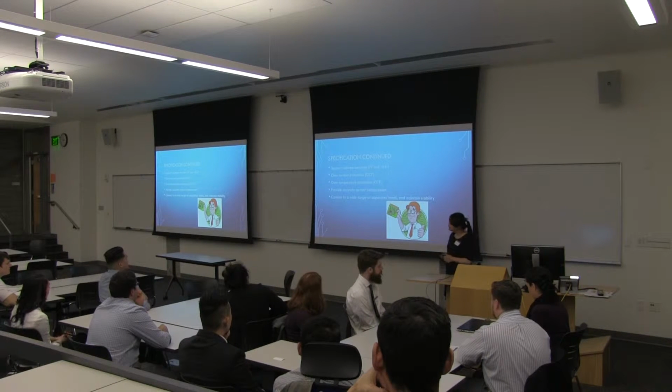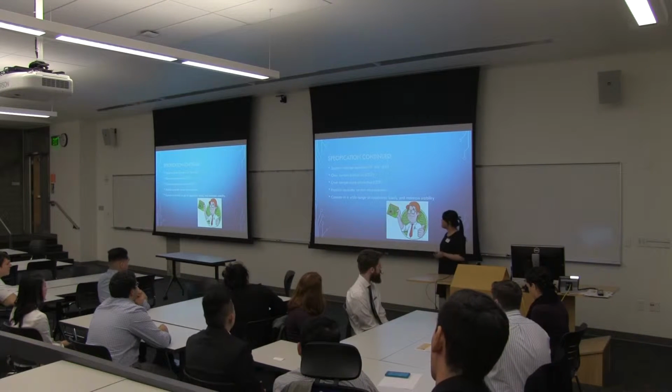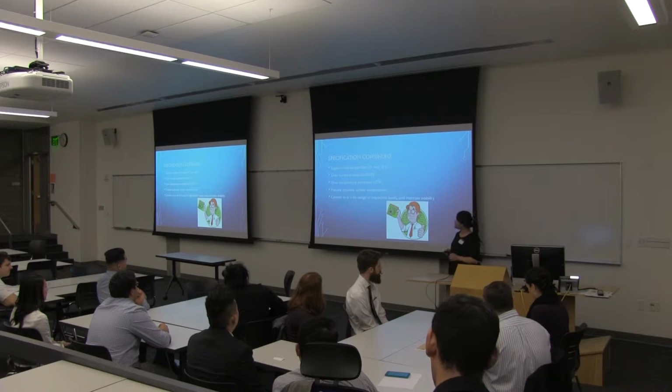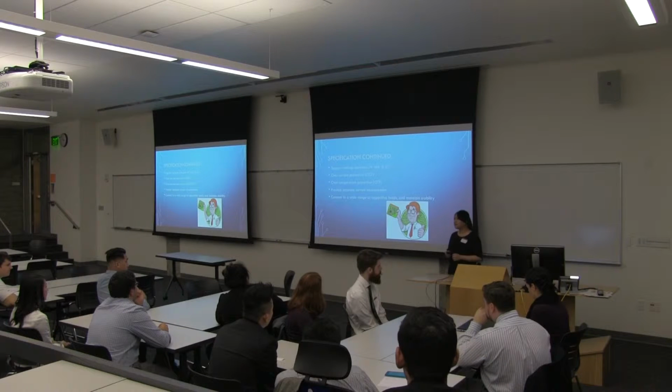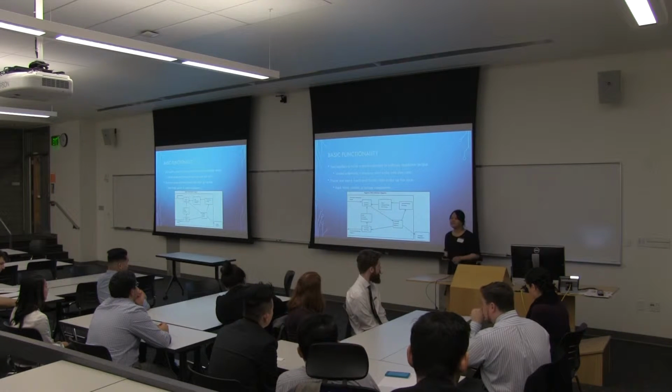Also, it must provide accurate current measurement, and it will be connected to a wide range of capacitive loads and maintain stability. The range of the capacitive load that this device must be able to support is 10 microfarad to 5 microfarad. Now Tammy will talk about the basic functionality.